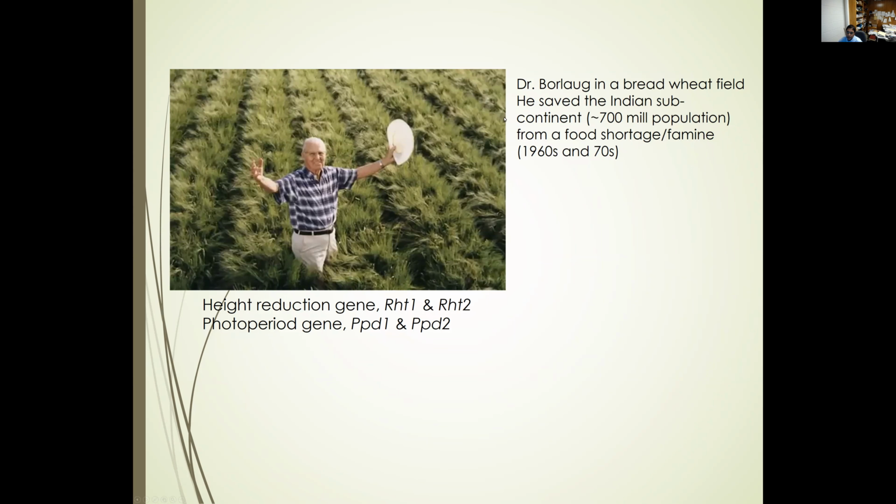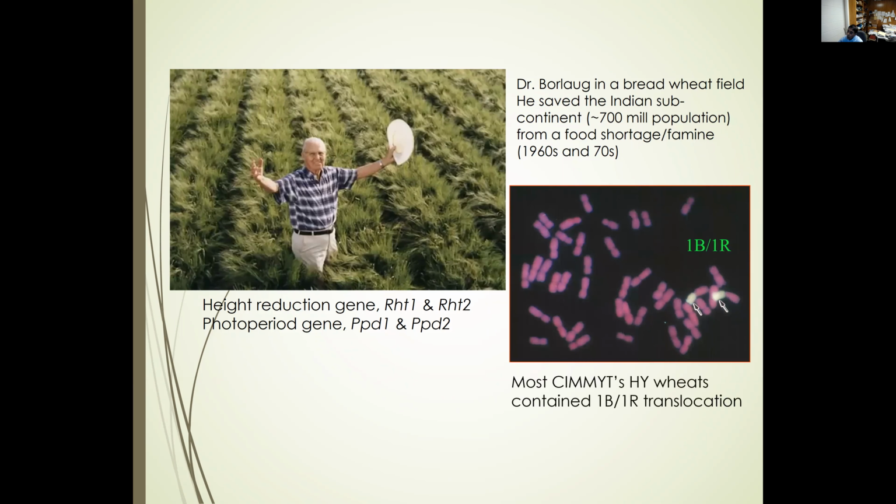The famine was forecast in the Indian subcontinent. At the same time, his high-yielding variety was introduced there, and he had a lot of challenges taking that wheat to that region. You all know that. In world wheat, about 80% or more of the high-yielding wheat contains the 1B1R translocation.